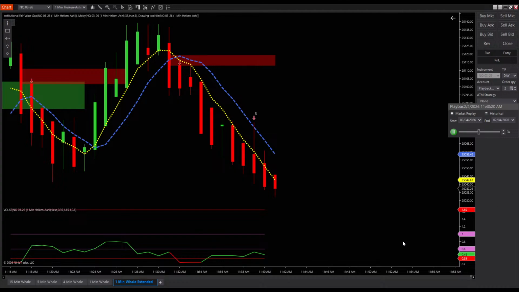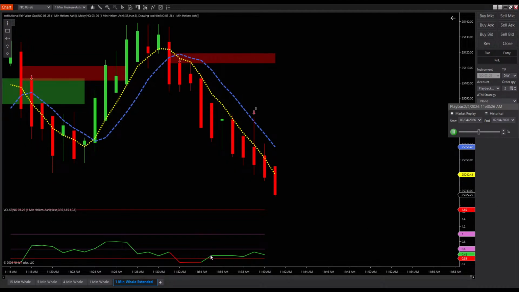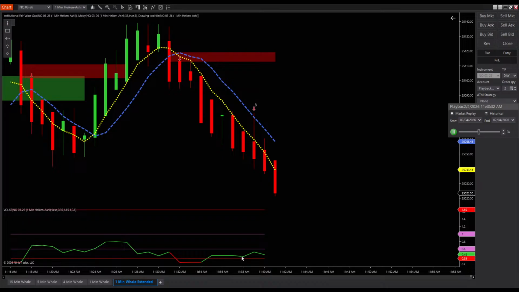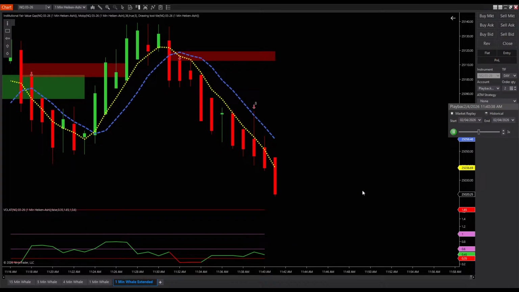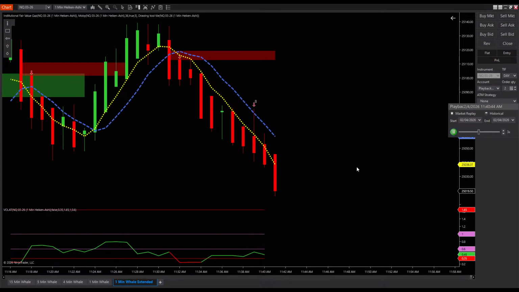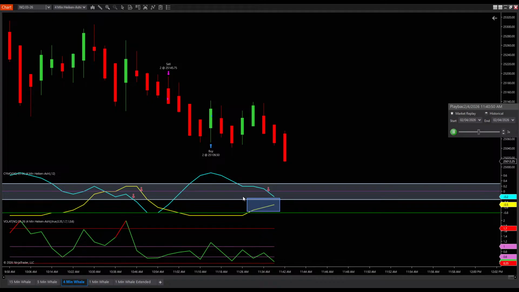And price is going down, guys, but it's going down on really, really low volatility, lower than average on this move. Okay. Did we actually get bar change on this? We haven't got bar change on this yet. So we will in a second. So I want to see what happens here.